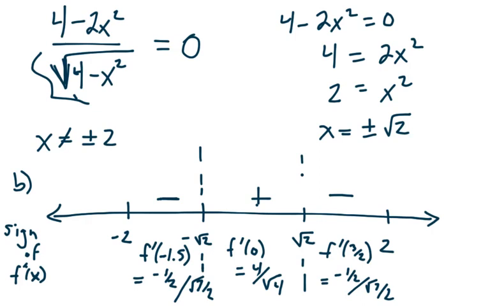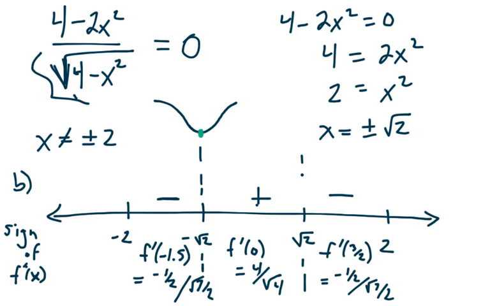So, what does that mean? Well, if we look at the critical point minus root 2, since our function is decreasing and then increasing, we have behavior like this. So that means at negative root 2, we have to have a local minimum.